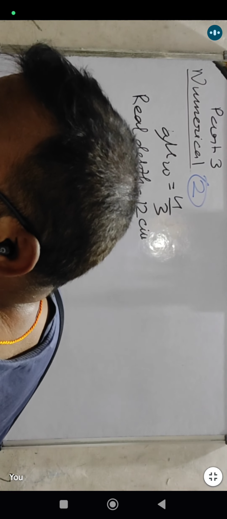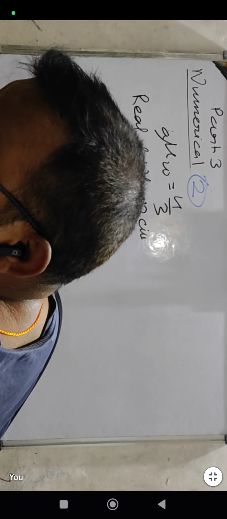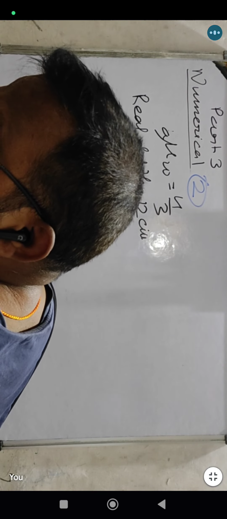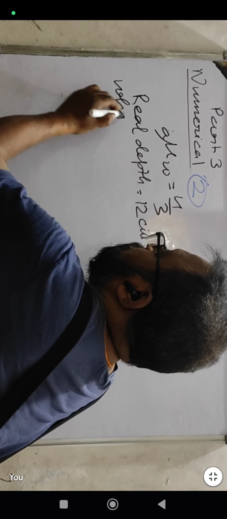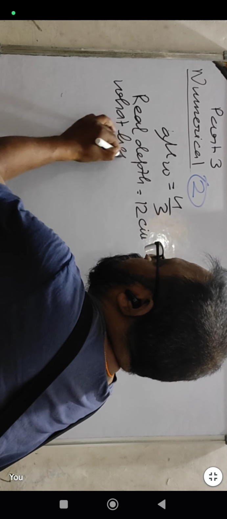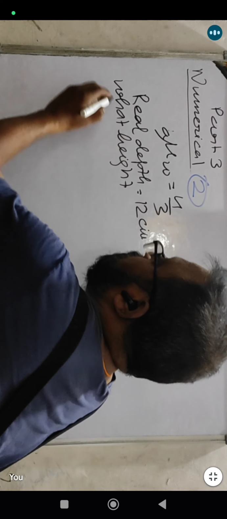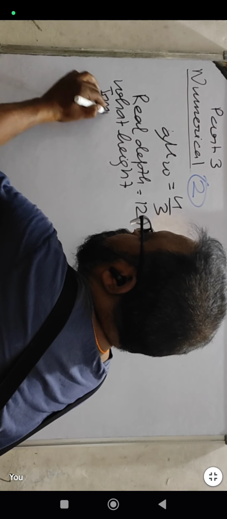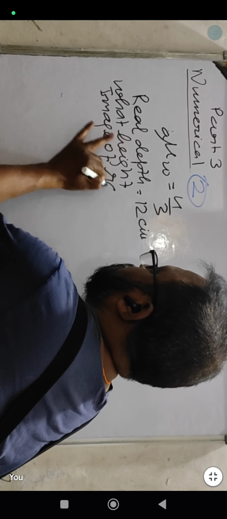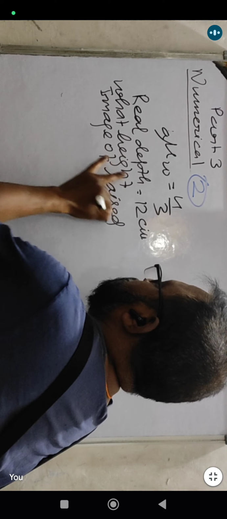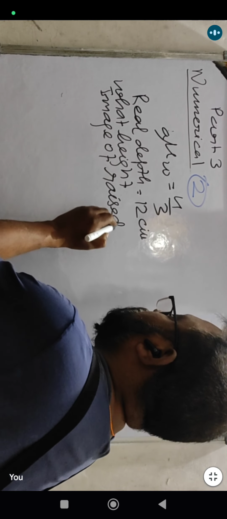So you have to find what height the image of the coin is raised, which is equal to the shift, that you have to find, right?